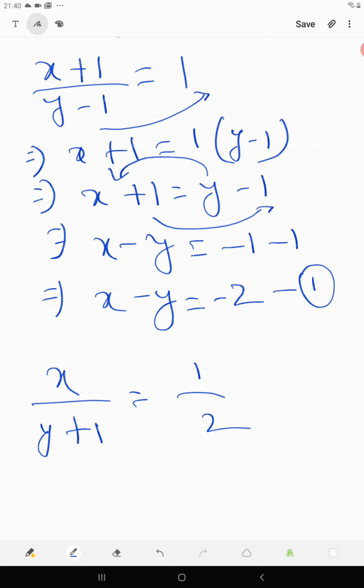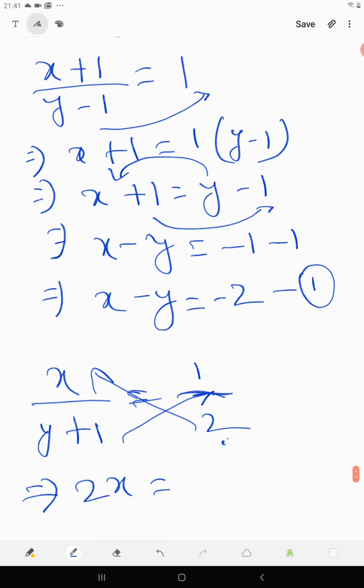Okay. Now cross multiplication will happen. Always remember, if a by b equals c by d, then there will be a cross multiplication. So 2 will be multiplied because 2 is division on the left. So it will be multiplied on the left hand side. Remember, 2 will be multiplied with x, so 2x.